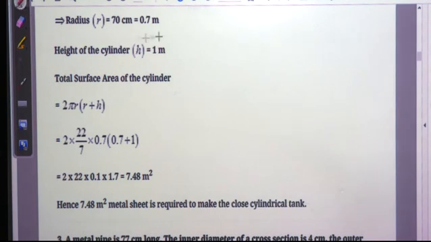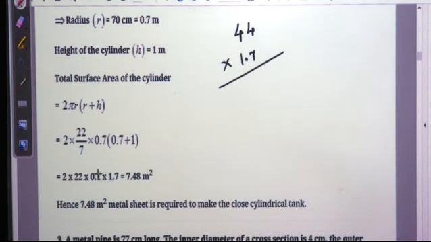We shall do the calculation here, so that the things will become much clearer. 2 into 22 is 44, 44 into 1, forget for some time there is a decimal point, forget it. So, 44 into 1 is 44, 44 multiplied by 1.7, just ignore the decimal point while doing the multiplication.